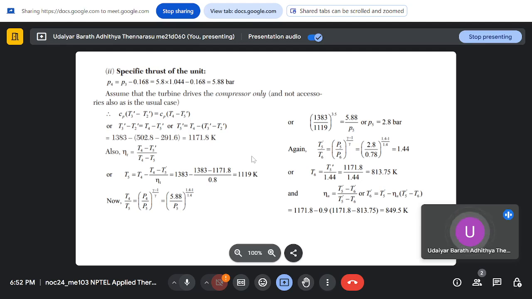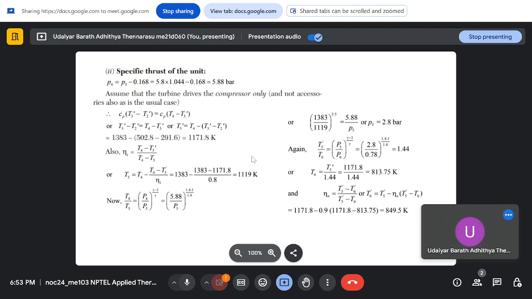Next we need to find out the specific thrust of the unit. Now what is given is in the combustion chamber there is a pressure drop of 0.168 bar. So I have to find out the exit pressure of the combustion chamber, or inlet pressure to the turbine, P4, given by P3 minus 0.168.